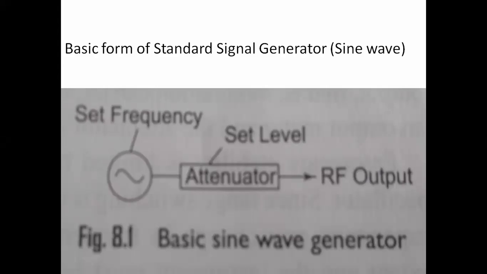The performance of the signal generator mainly depends upon these two elements: oscillator and attenuator. The stability of the frequency, and a signal free of noise or distortion, is the responsibility of the oscillator alone. So the design of the oscillator is the main important factor.